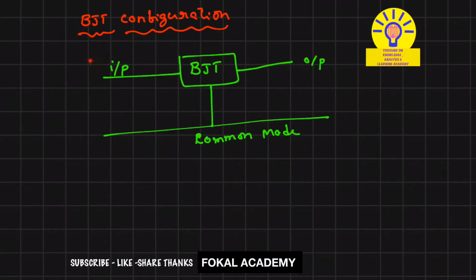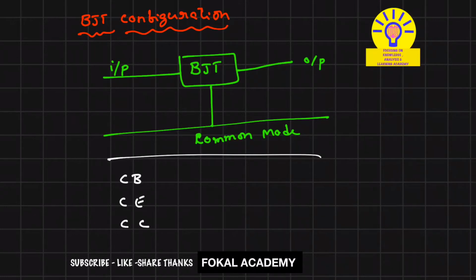In this BJT configuration section, we are going to study how to connect the input and output for the BJT components. There are three possibilities based on the emitter, base, and collector: the CB configuration, the CE configuration, and the CC configuration.